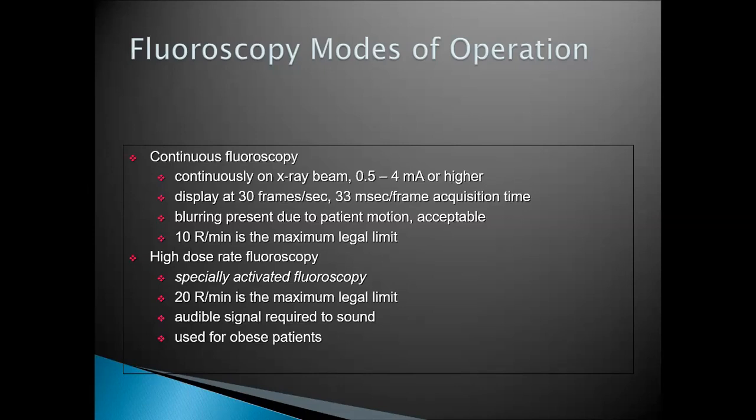If one wants to move from continuous fluoroscopy to high dose rate fluoroscopy, a pedal has to be activated. It has to be pressed, different from the pedal used when the radiologist or the urologist, as the case may be, is doing a continuous fluoroscopy. So, like I said, one can go up to 20 roentgen per minute.